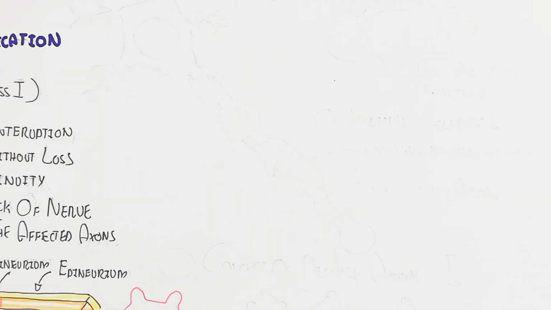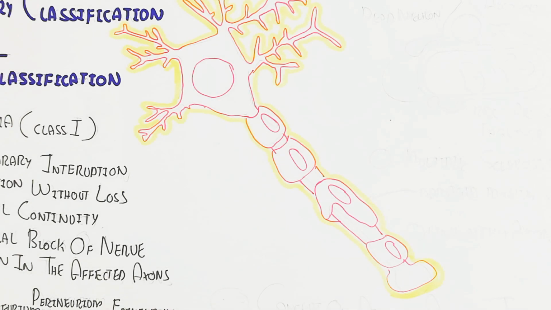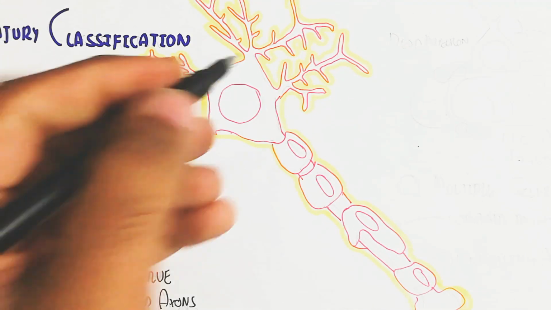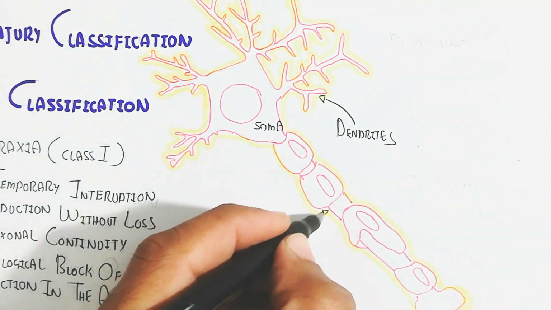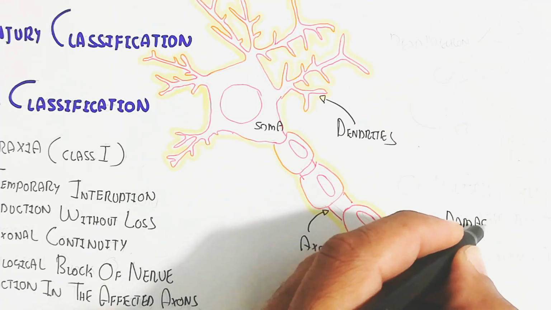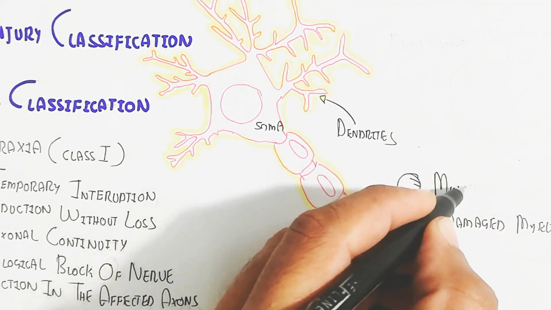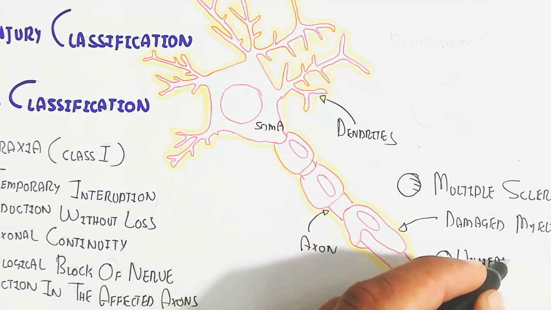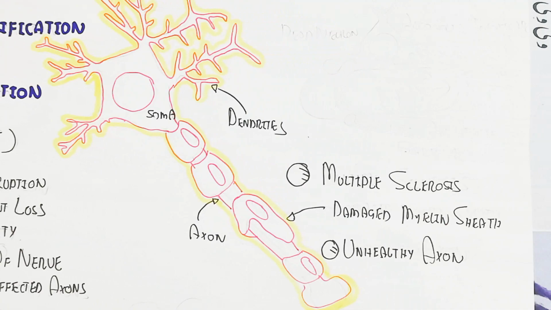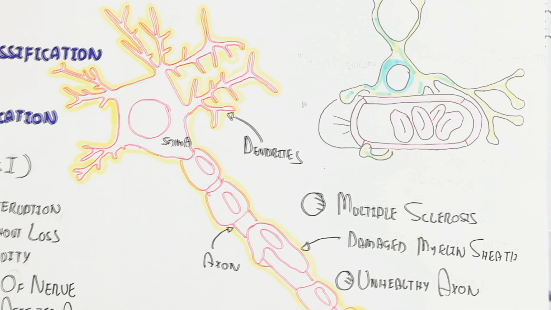Anyway, let's begin to understand the major structure of the neuron, and go on to understand peripheral nerve injury further. So these are the dendrites and soma. This is the damaged myelin sheath, the Schwann cell will be damaged, and the axon is unhealthy. This is known as multiple sclerosis, which can be caused by different complications.